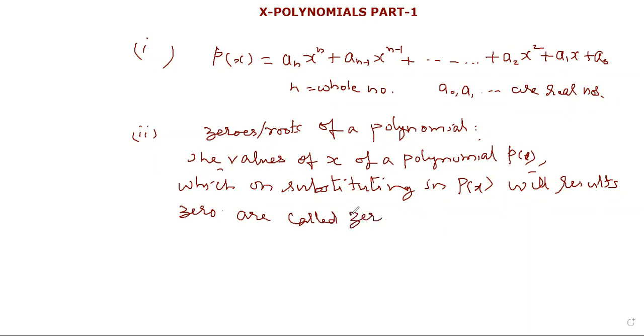The values of x which satisfied the polynomial are called the zeros of the polynomial.